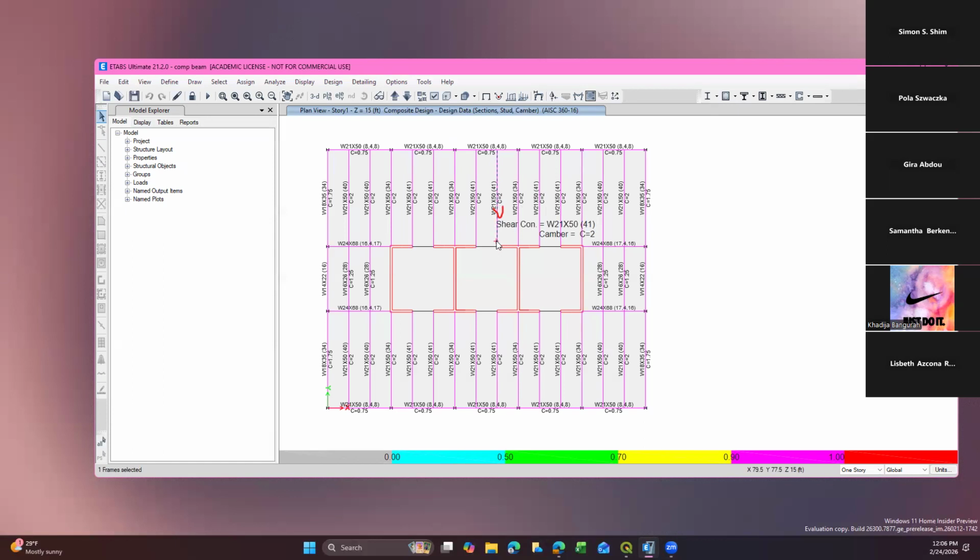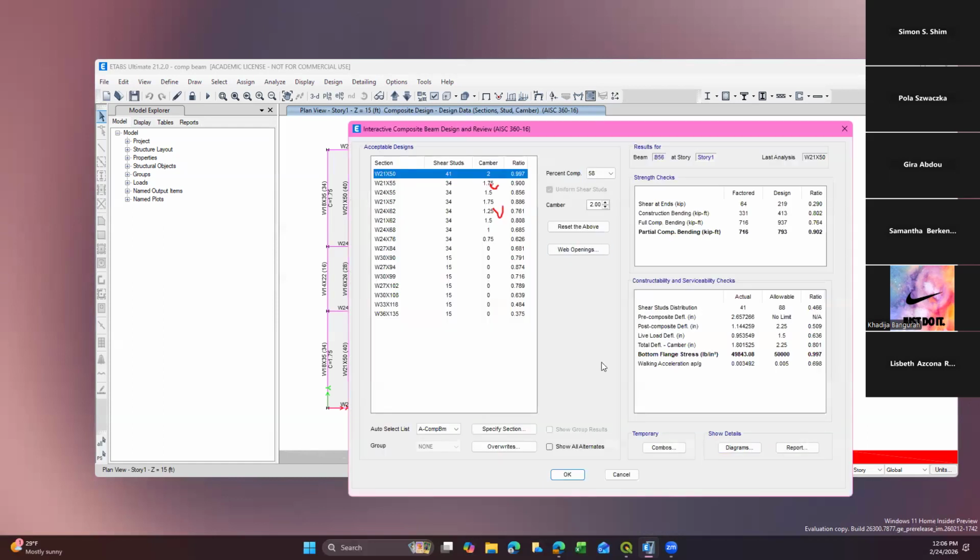Now you're going into the detail, click it or select and right click. So this is the beam design output.